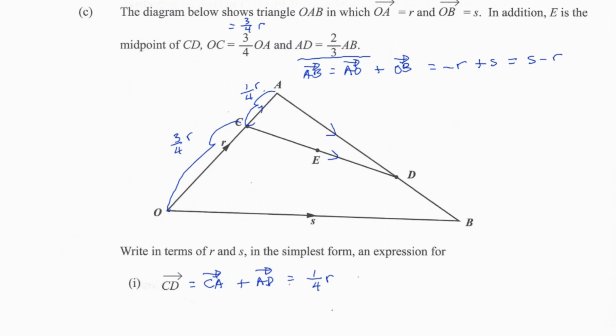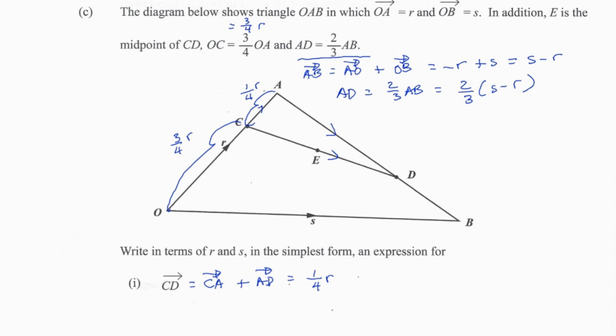So, but again, we're just looking at AD because that's the next part of your vector CD. Because remember, at the bottom here, CD is equal to CA plus AD, right? So we already found that CA is a quarter R. So now we know that AD, if AD is equal to 2/3 AB, then that is the same thing as 2/3 by S minus R. Okay?